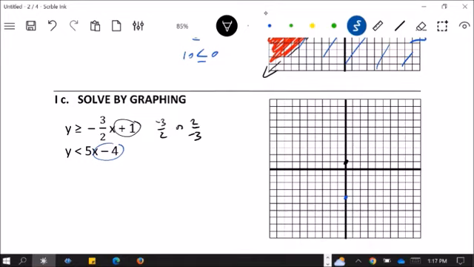I'll start with this first one, which means I'll go down 3, but then over 2 towards the positives. Down 3 over 2, down 3 over 2. On this one here, I can do up 2 and over 3, up 2 and over 3, up 2 and over 3 that way.